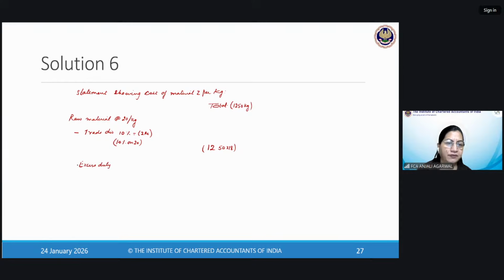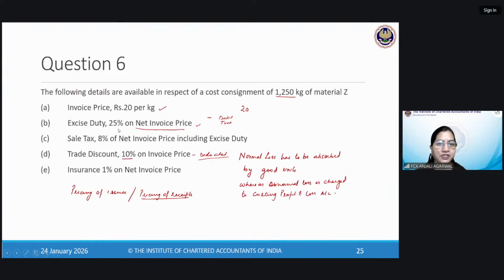Regarding excise duty, you have to take care whether input credit is available or not. If input credit is available, this is not your cost. This is not a part of cost. However, if input credit is not available, as in this question, nothing is mentioned about excise duties, input credit.